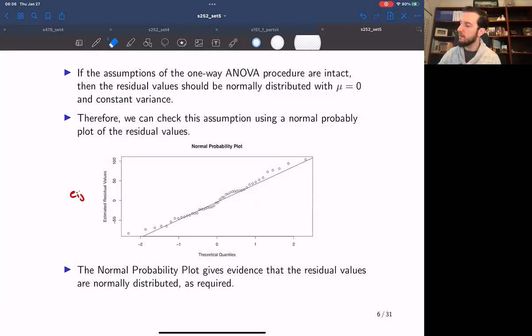But the key here is that the residuals appear to follow a straight line pattern with the quantiles of the normal distribution. By observing that straight line pattern, this gives us a process for checking for normality. This is typically how we would check for normality when we are running a one-way ANOVA. Any questions?